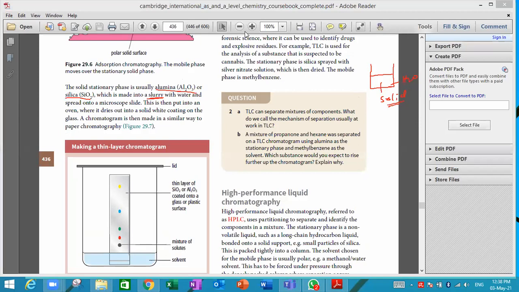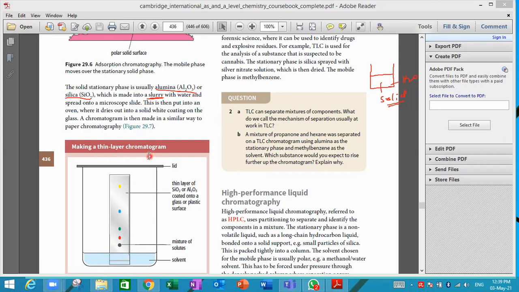And so we get this slurry of either alumina or silica, and we put a layer over the plastic sheet or the glass sheet. And this layer should be very thin. That's why this method is called thin layer chromatography, because the layer at which the separation will take place is very thin.